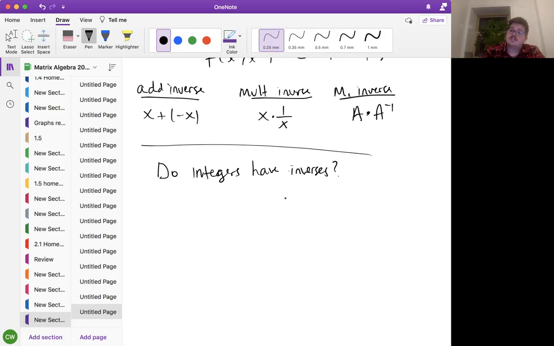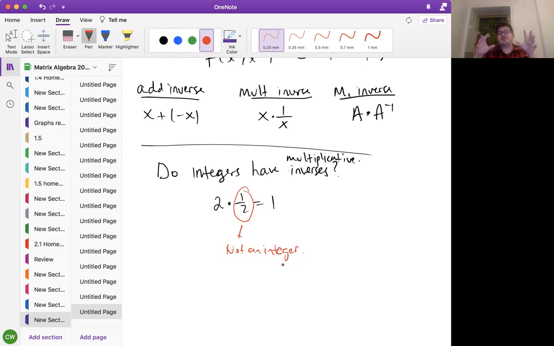Okay, well, what's an example? What's the inverse of 2? Sorry, you're right, multiplicative inverses, I meant. Yeah, it would be 1/2, right? But 1/2 is not an integer. So within the set of integers, no integer has a multiplicative inverse that is also in the set. So it's not closed under inverses.